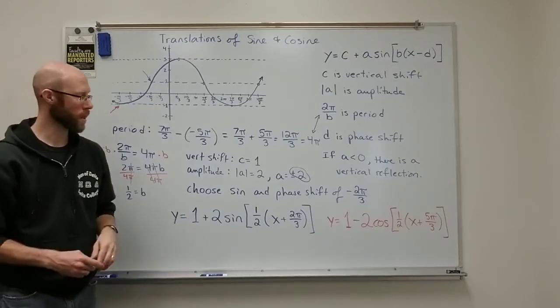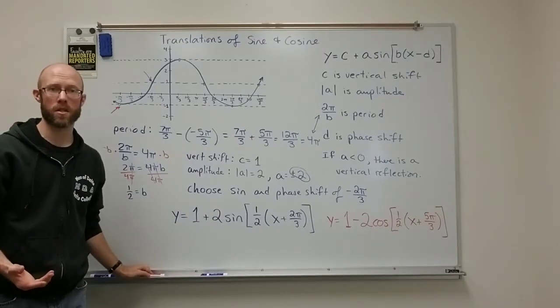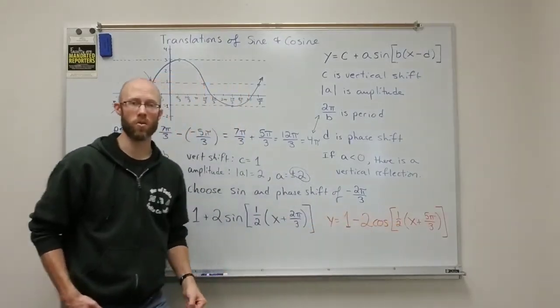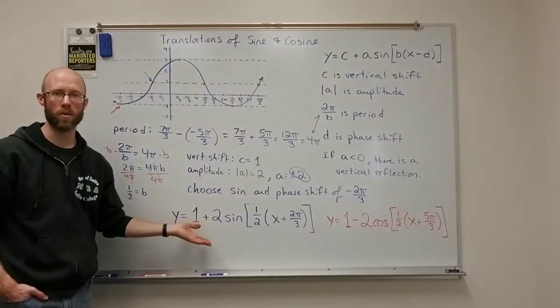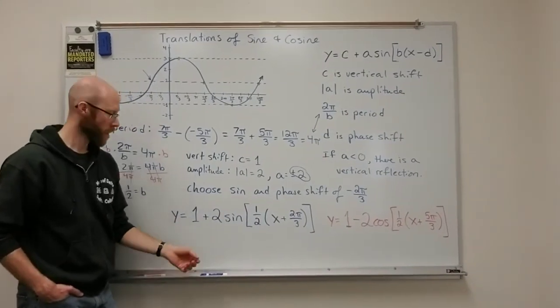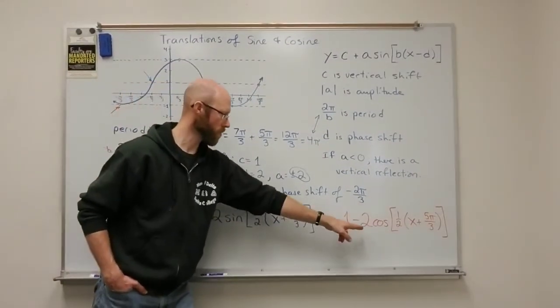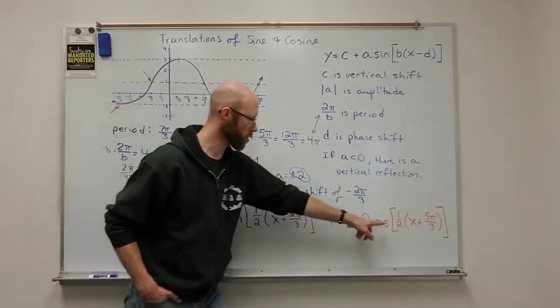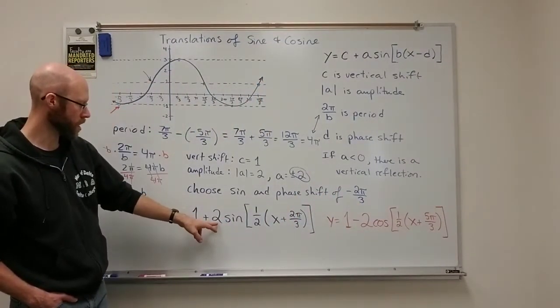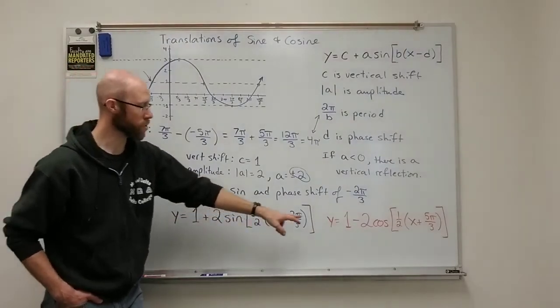Okay, so like I said, there's an infinite number of equations we can use. I just found 2 of them here. They're all correct as long as they're consistent. Your 1 and your 1/2 are going to be the same no matter what you choose, and the 2 is going to be the same.